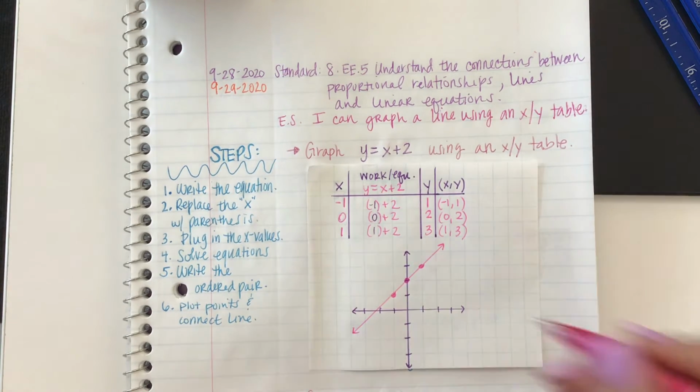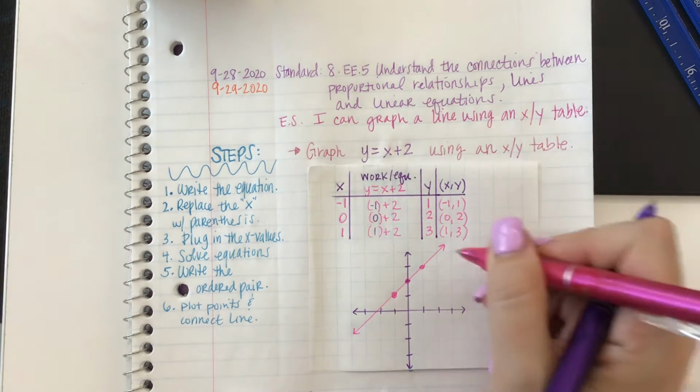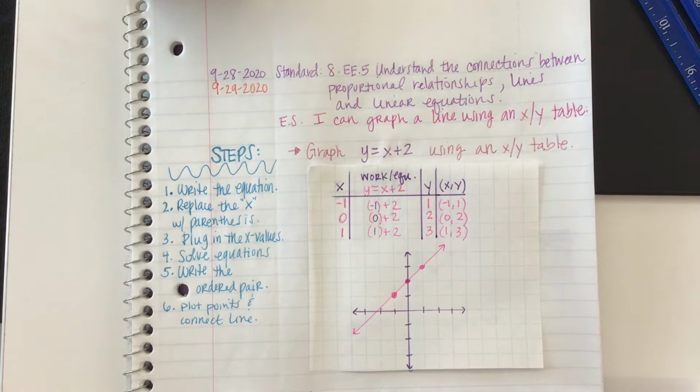We are not just connecting dots. We are not just graphing a line segment. We are graphing a line, and a line has arrows at the end. And there we have it. This line right here is y equals x plus 2. All right, moving on.